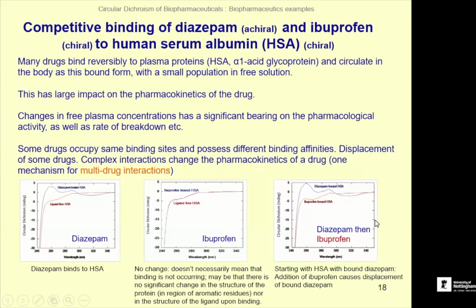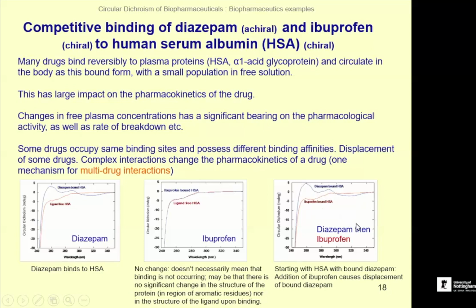And then the final experiment to nail whether they do compete with each other is to start off with HSA with diazepam already bound to it, and then you titrate in your ibuprofen. So you have a spectrum. This is the diazepam HSA spectrum here again in blue.